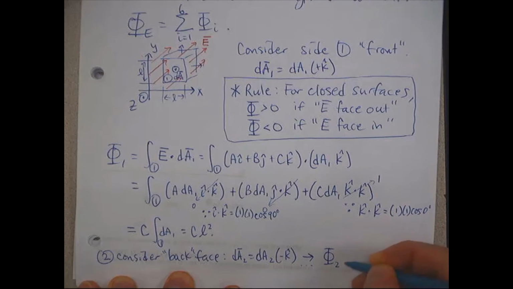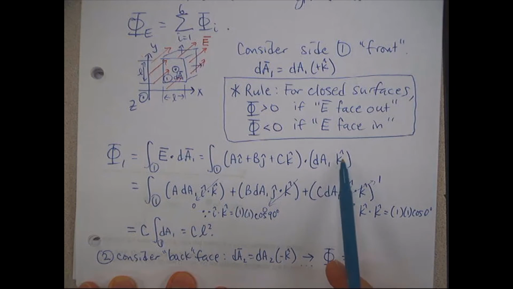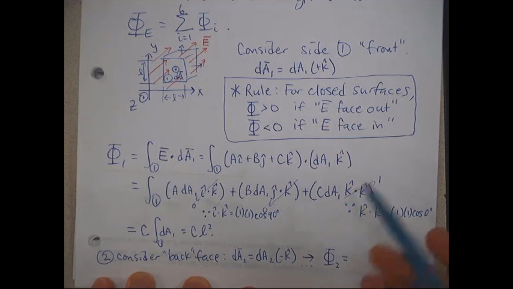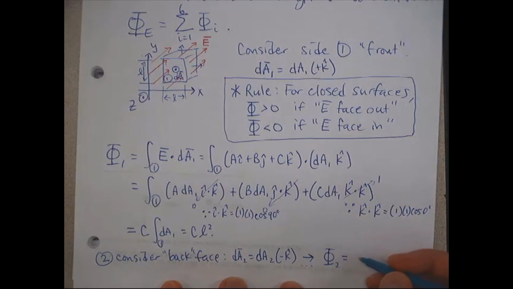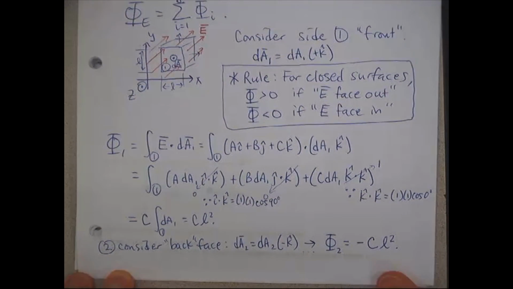Your flux 2 will still come out with zeros on these 2 terms, but now you have a minus k hat sitting here, so this term will become negative C dA2. You'll integrate over the dA2s in this case to get L squared, and that flux will be minus C L squared, opposite the flux through surface 1.